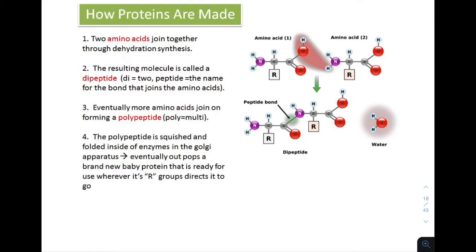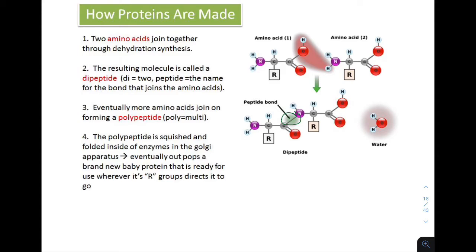First, we start with amino acids. If we take 2 of them together, we get something called a dipeptide. A dipeptide, di meaning 2, and the peptide is the bond that is formed. The bond is formed through the process of dehydration synthesis. So we have this peptide bond being formed.